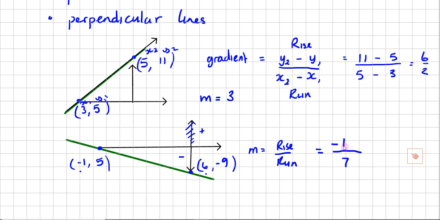So it's -14. That would make my gradient -14 divided by 7, which is -2. So I have a negative gradient, and that's because the line is going down. So when we go left to right, we either go up or we go down. Okay. You see in both cases, you see the triangles?